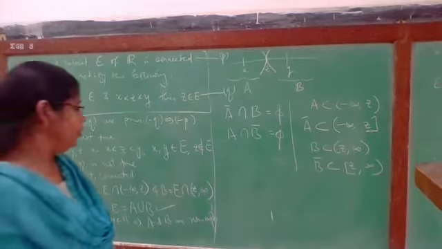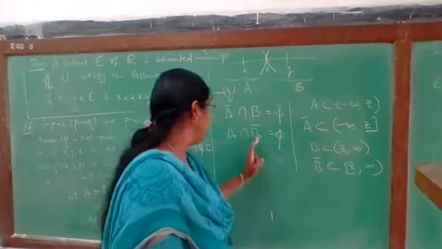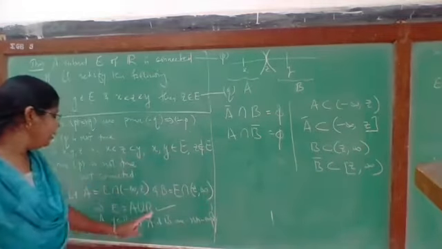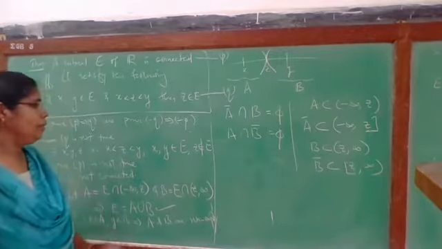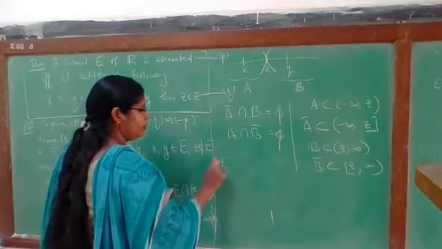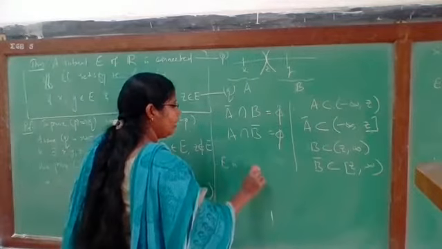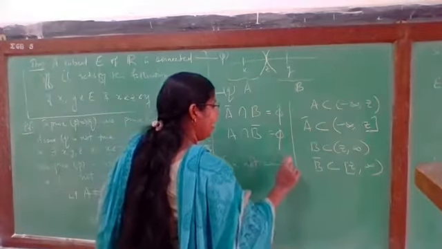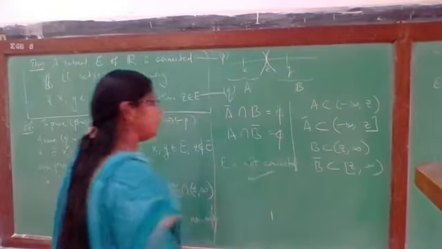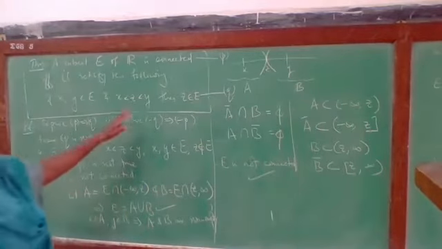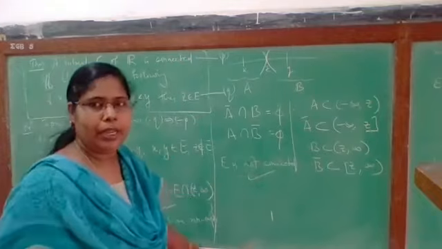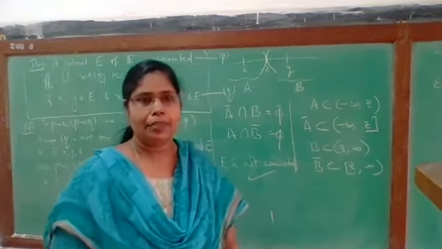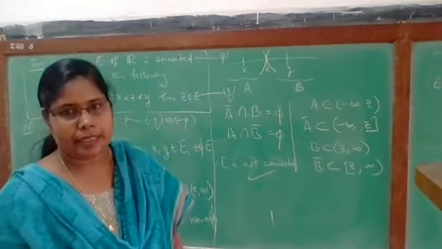So sure, A and B are separated sets. They are non-empty, and their union is E. So that means E is not connected, and that establishes one part. We have proved that if Q is not true, then P cannot be true either. So that completes one part of the result.